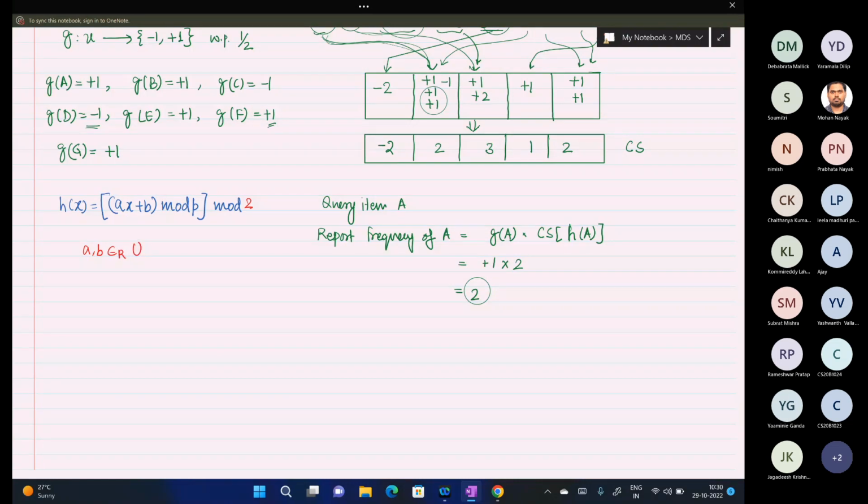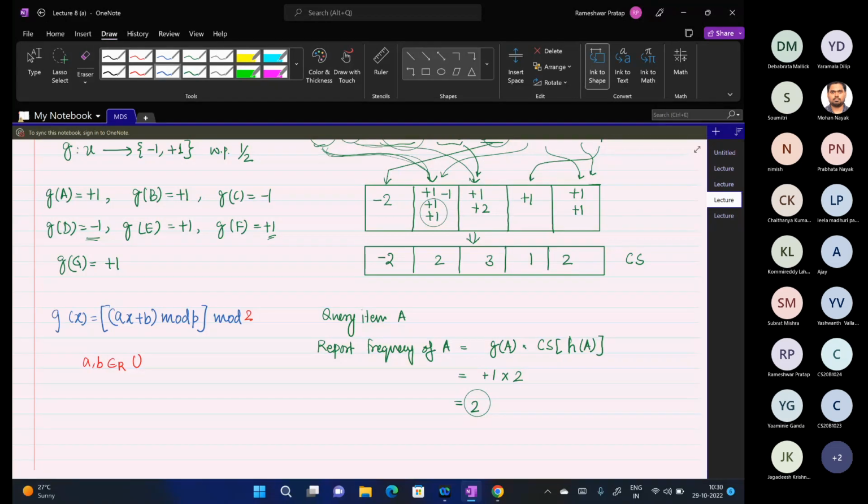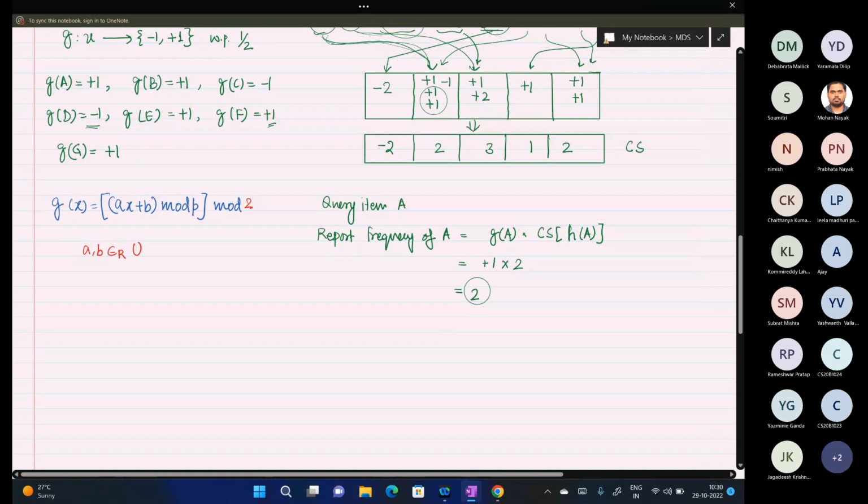So you can design G this way. You can use this type of function, and this will do the job for us. These are universal hash functions.